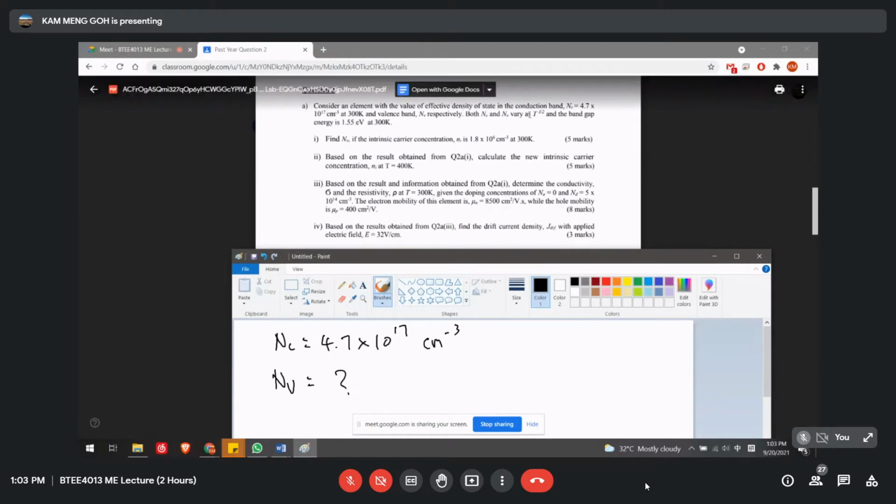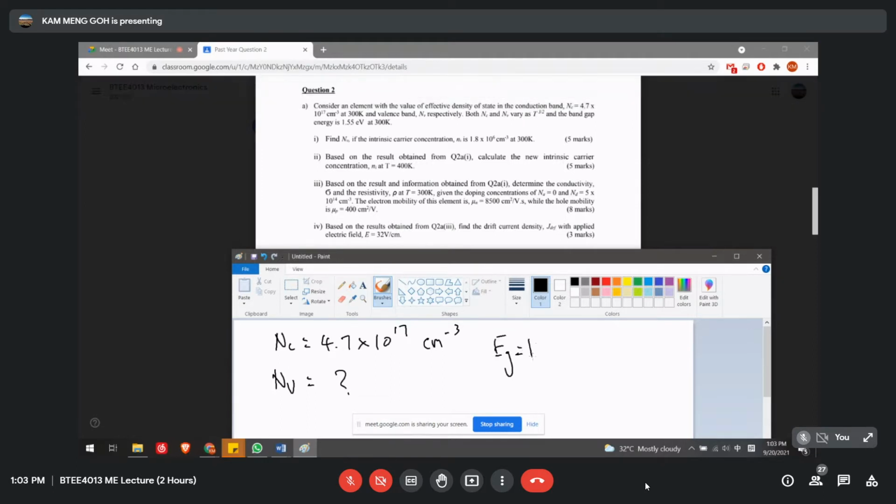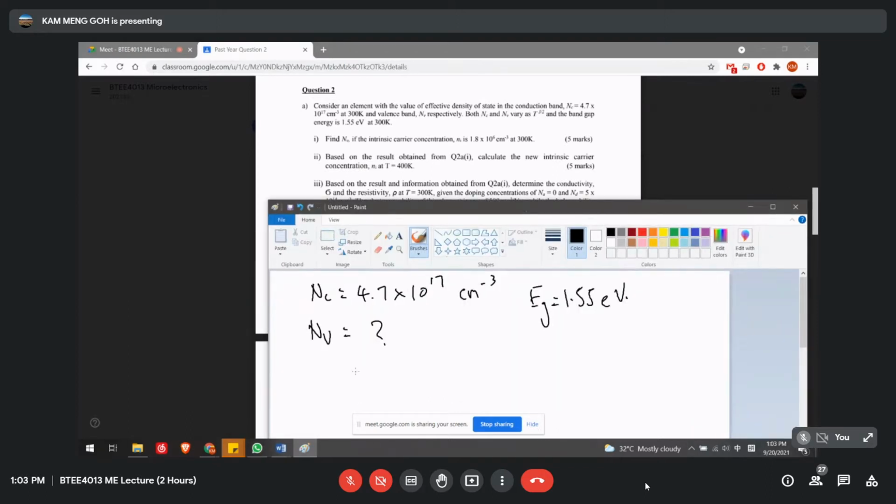Both NC and NV vary as T to the power 3/2. The band gap energy is 1.55 eV. At first, calculate NV if the intrinsic carrier concentration ni equals 1.8 times 10 to the power 6 cm^-3.